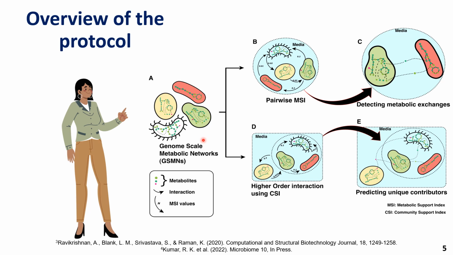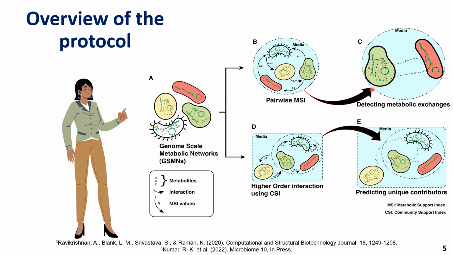which they are obtained. We see that the number of active reactions increases when microbes are present in a community versus when present individually. This represents dependencies of one microbe on the other. We use two scores called metabolic support index and community support index for quantifying this metabolic dependency in microbial pairs as well as in higher order communities.